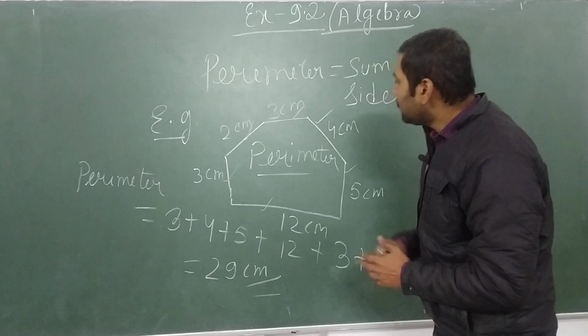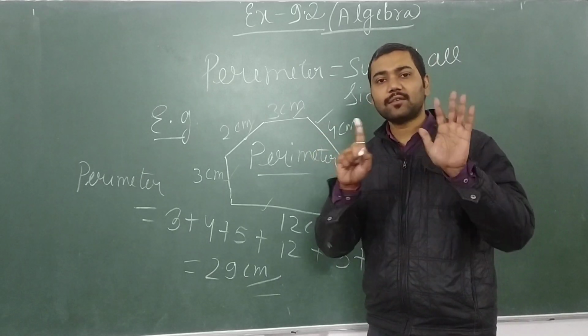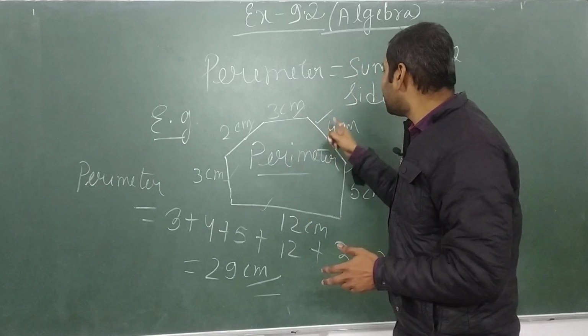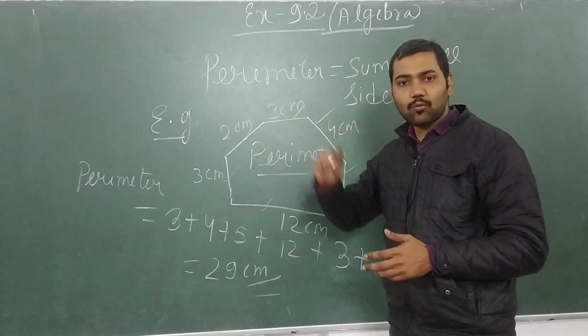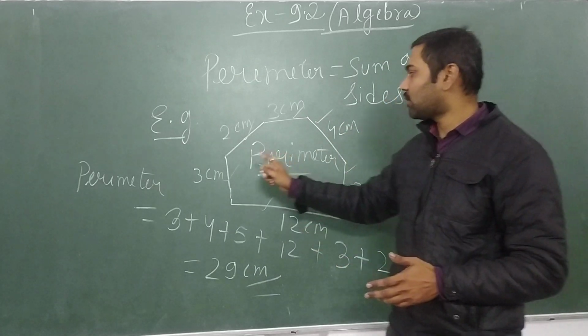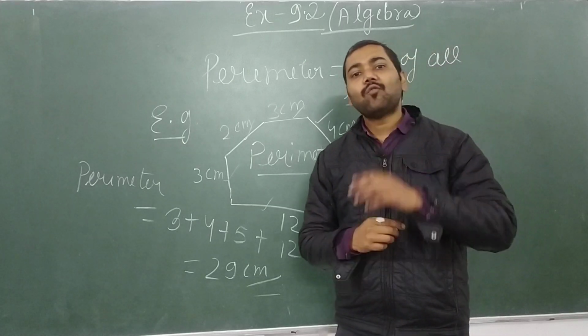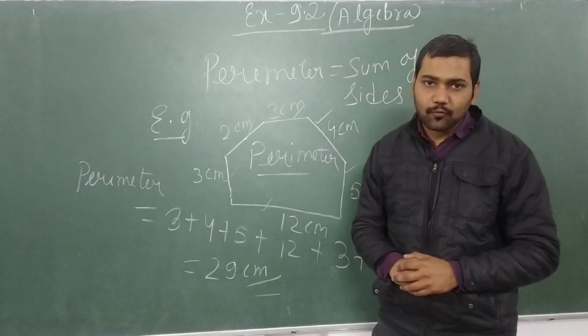Again I am telling you, if you are not able to understand this example, I am explaining again. See, we have this 6-sided figure. How many sides do we have? 6 sides, and every side has some dimension written: 3 centimeter, 4 centimeter, 5 centimeter, 12 centimeter, 3 centimeter, 2 centimeter. We have to find the perimeter.